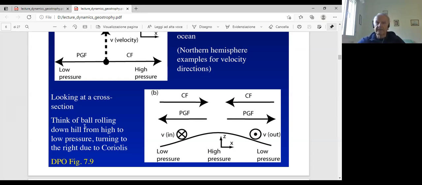This can also be understood simply in this way. Think of a ball rolling down the hill from high to low pressure, and it will be turning right due to the Coriolis force in the northern hemisphere. So this is why we have this current into the paper on the left hand side of the hill, or from the paper toward us on the right hand side.